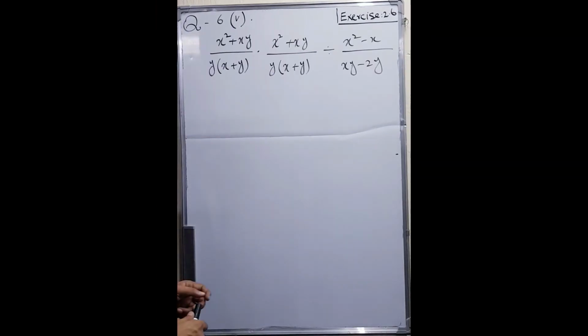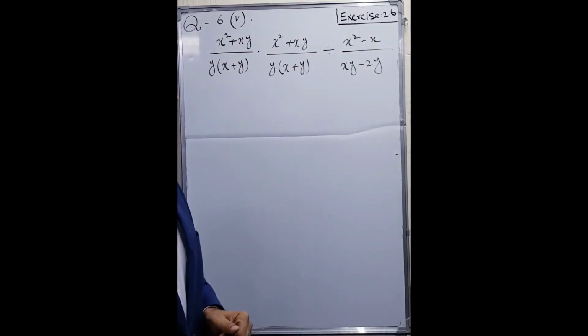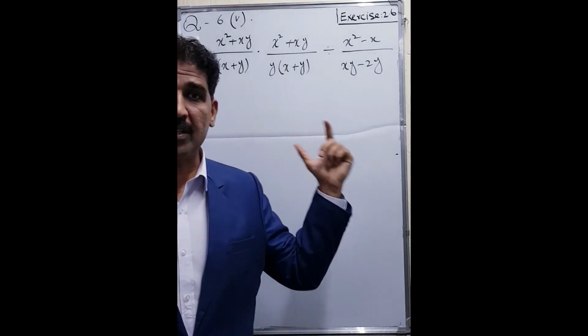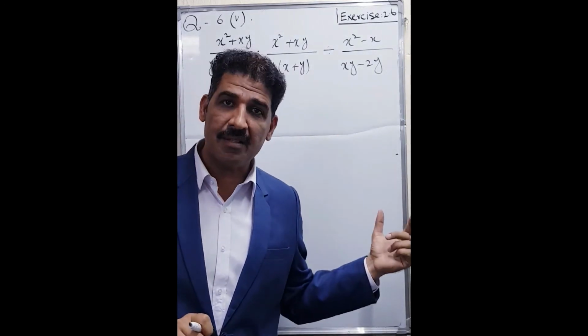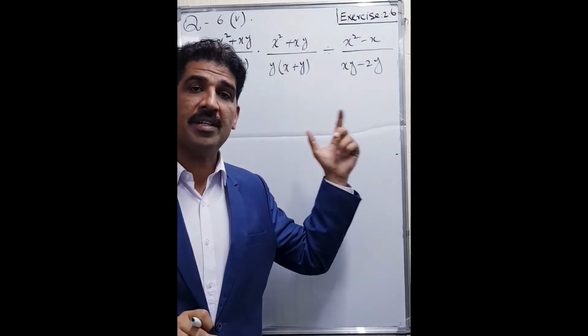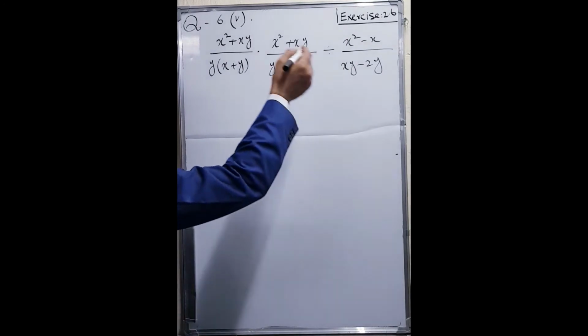Next question, the fifth part of question number 6. How to solve this one? First of all, we check whether there is any number common between them. If a number is common, we take it common first, and if a variable can also be taken common, we will take it. So where is the common?